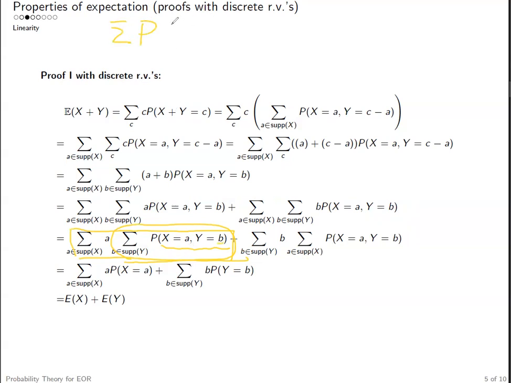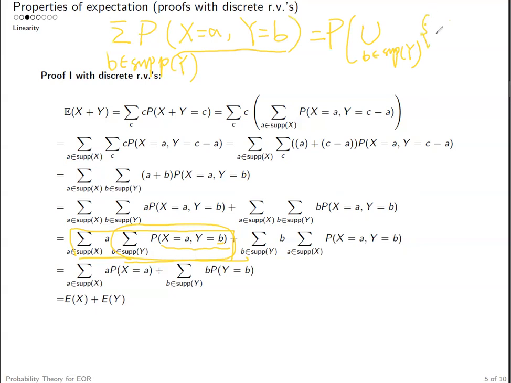So we look at the summation of X equal to A, Y equal to B, with B going through all possible choices within the support of Y. They are mutually exclusive events, so according to the axiom of probability, we know the summation of the probability values is equal to the probability value of the union of those events, with B going through all possible choices of the support, X equal to A, Y equal to B.